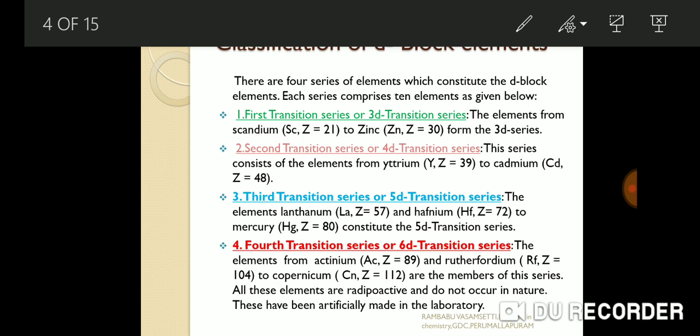This is an incomplete series, and the main elements in this 6D series are actinium, whose atomic number is 89, then rutherfordium, and some other elements. All of these elements are radioactive and do not occur in nature. These have been artificially made in the laboratory. That is the most important point here.